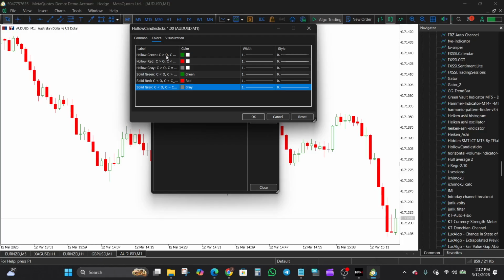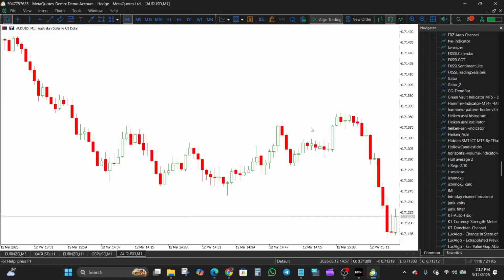So that's a bullish pattern. And of course, when the close price is less than the open, we are looking out for a bearish pattern. Anyways, let's just get back to the chart.